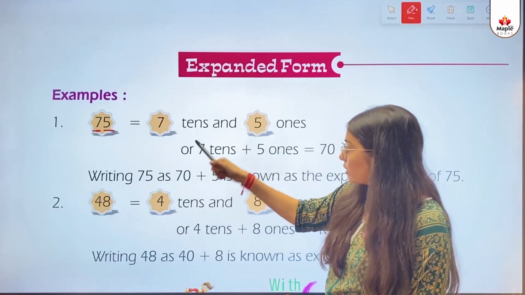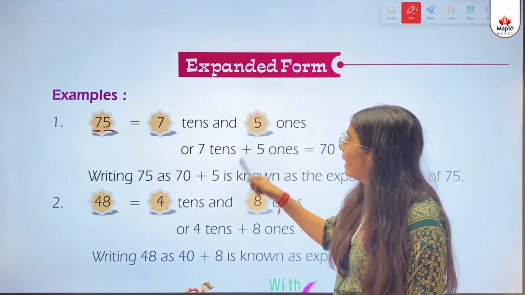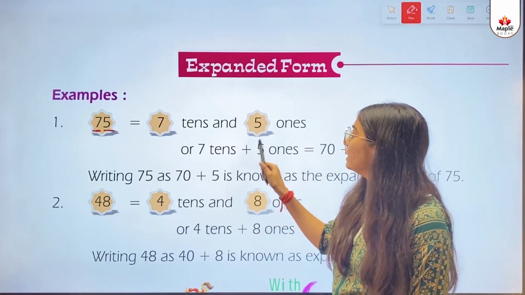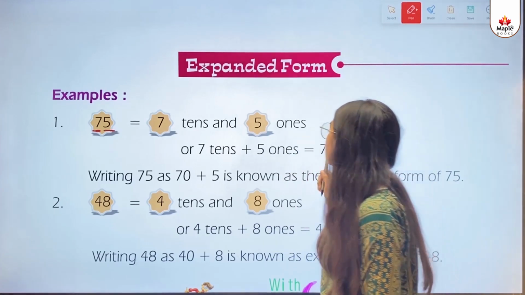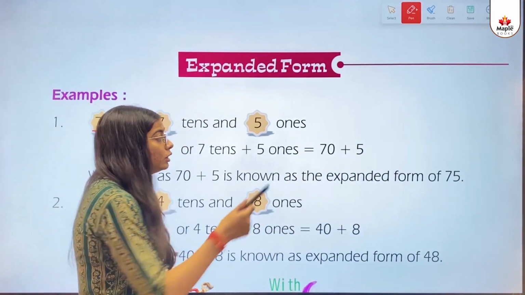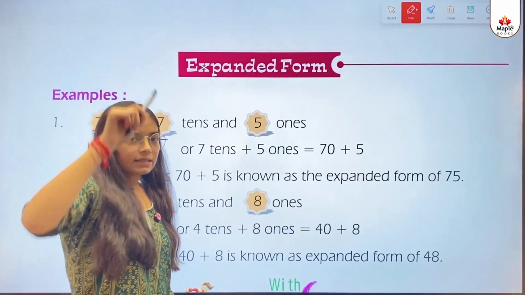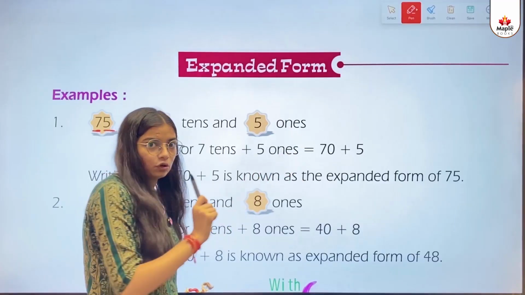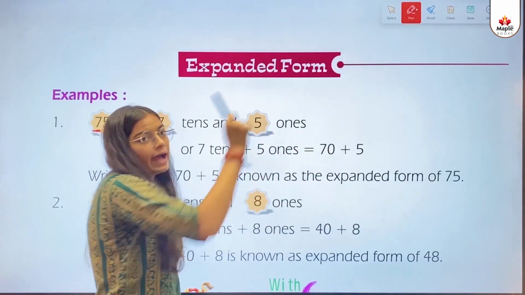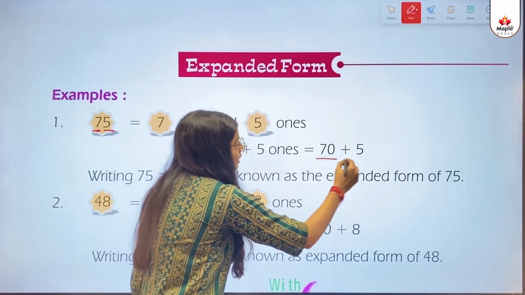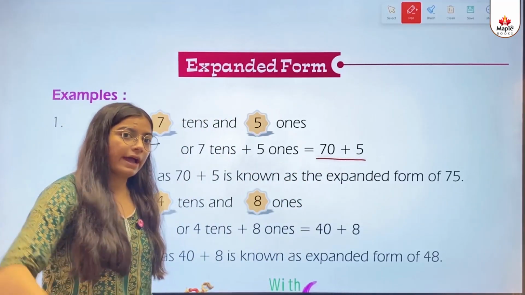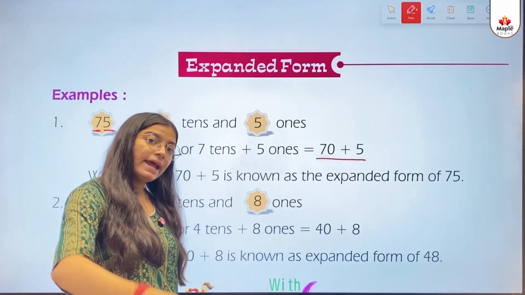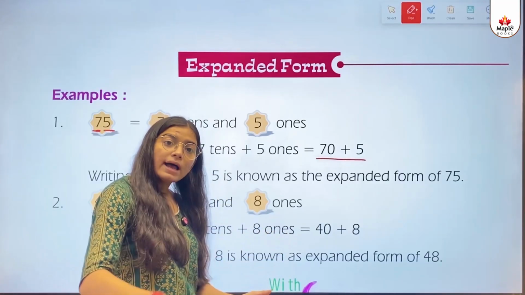We have put a plus symbol here. 7 tens plus 5 ones equals 70 plus 5. In the previous classes, we have already learned that 7 tens equals 70. So kids, this is the expanded form we need to write in the questions. This is called expanded form when we express the numbers as tens and ones. Got it?